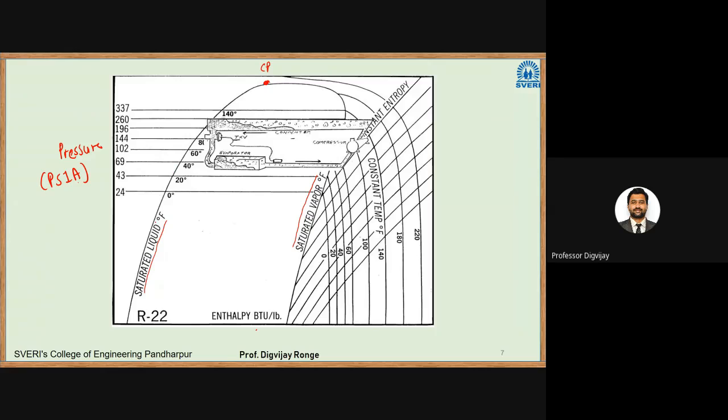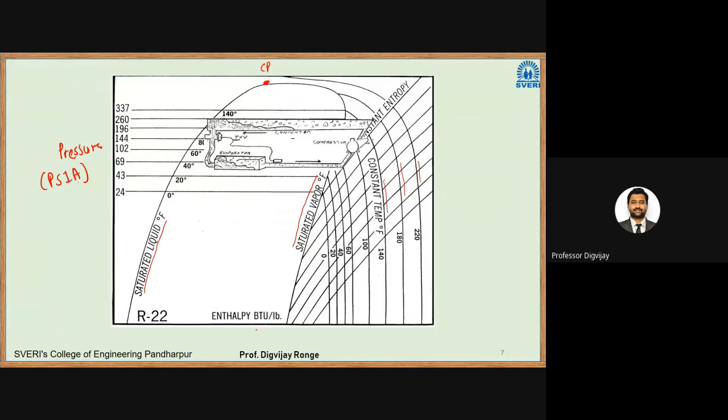So whenever a question is asked in your exam to draw the pH diagram and explain it, first you have to draw the two coordinates, pressure versus enthalpy. Then draw the saturated liquid curve and vapor curve. The critical point is not necessary; you can draw just these two curves. After that, whatever you see on the right side, the vertical lines, are constant temperature curves.